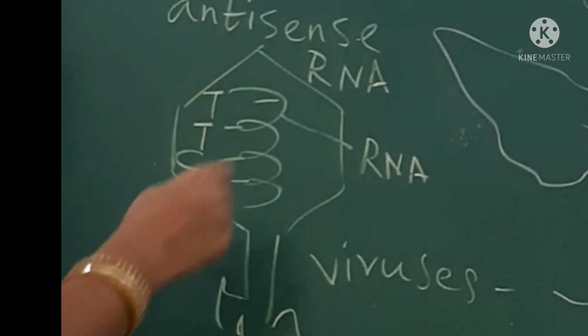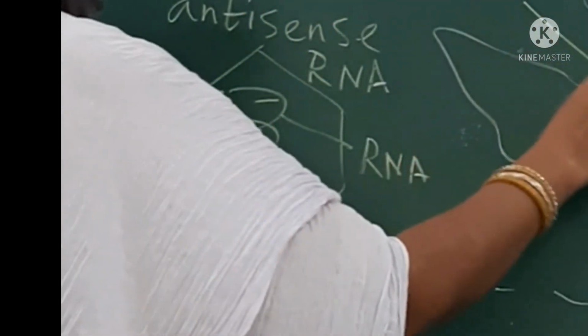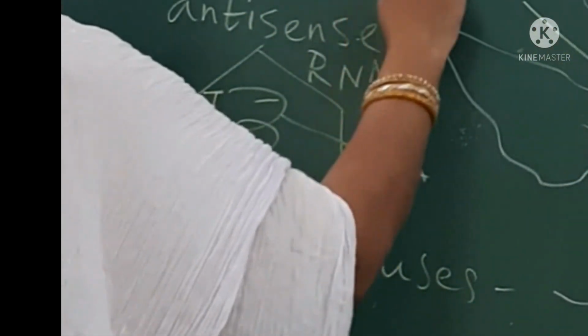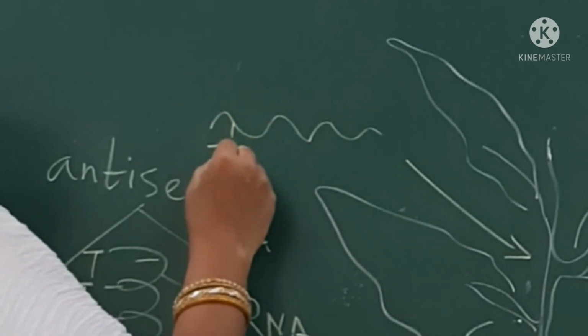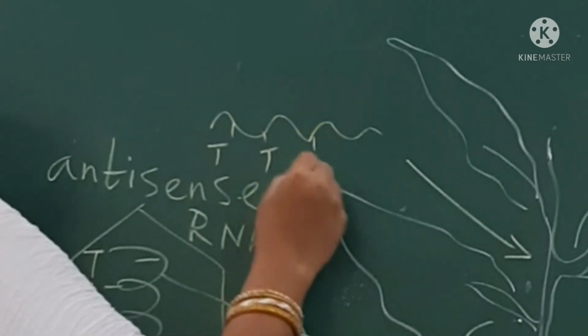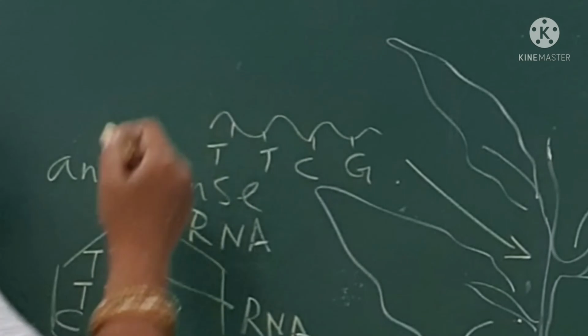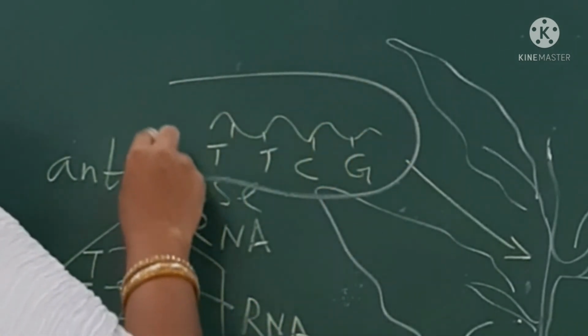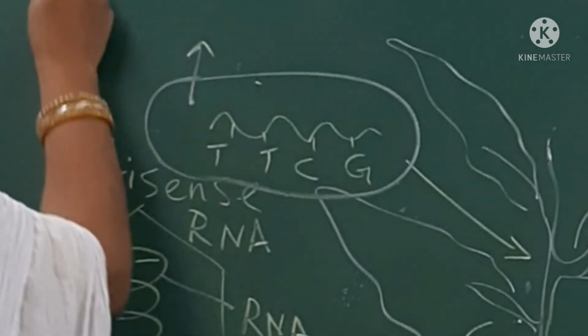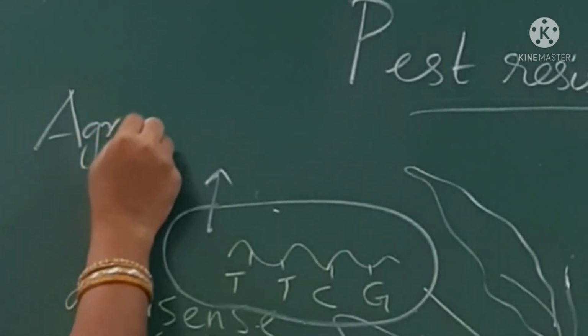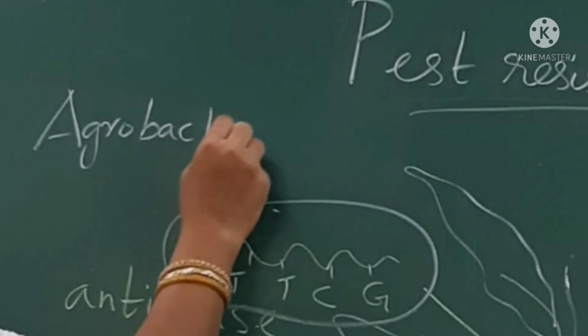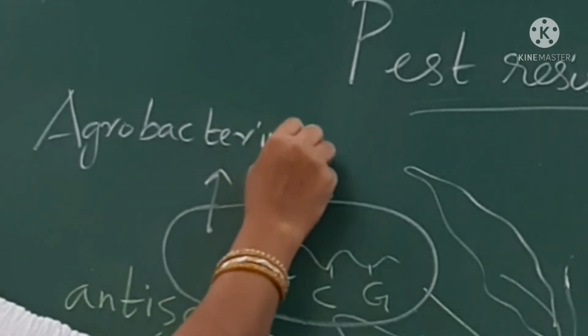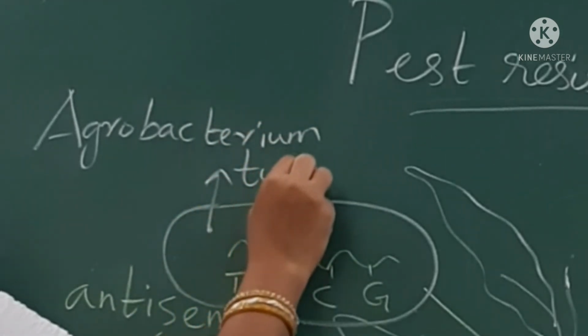So this RNA they will introduce into the plant with a bacteria. The bacteria's name is Agrobacterium tumefaciens.